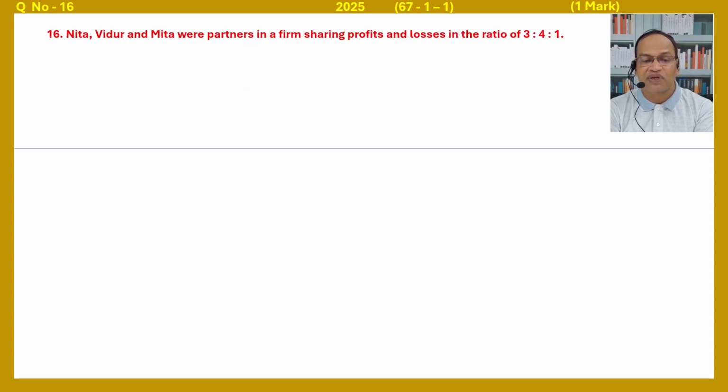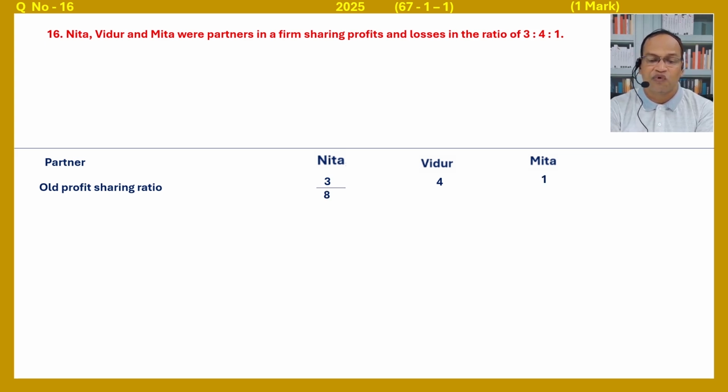Question number 16. Nita, Bidur and Mita were partners in a firm sharing profits and losses in the ratio of 3:4:1, that is 3/8, 4/8, 1/8.